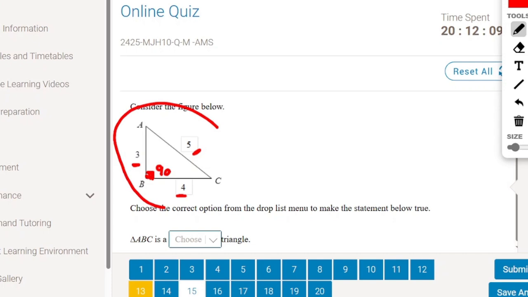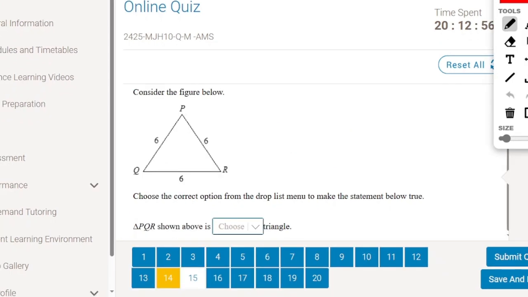So this figure will be called right, isosceles, right scalene. Okay, scalene. That means it will have different side lengths. Consider the figure below. We have this triangle. All sides are equal, so this one will be equilateral.